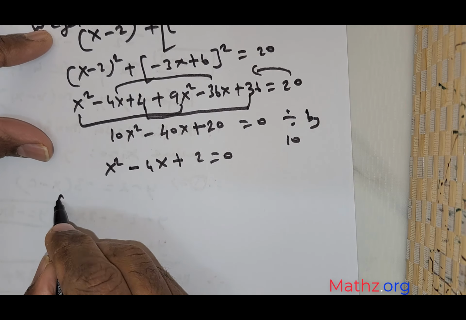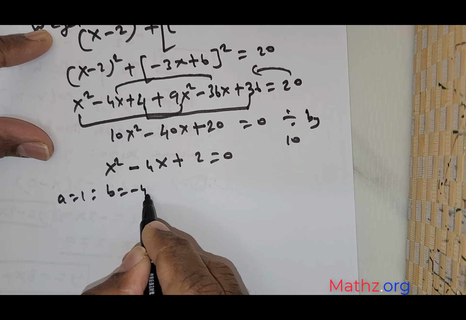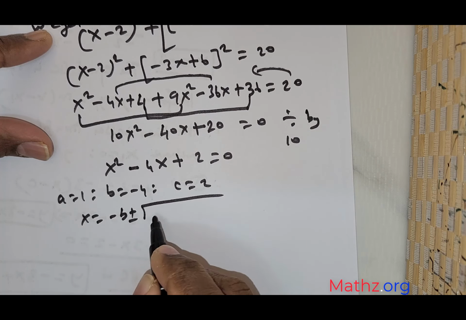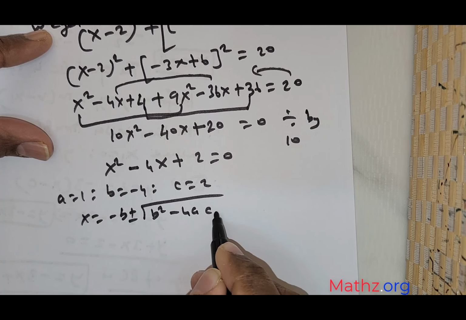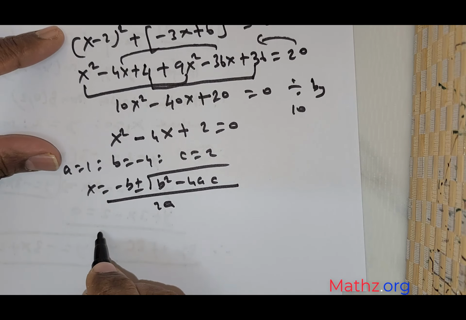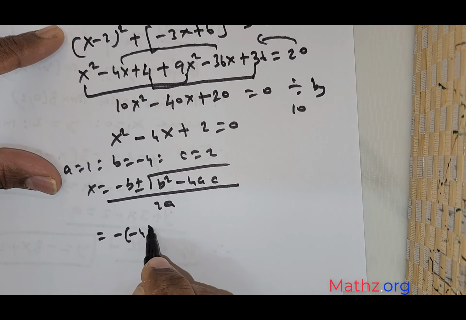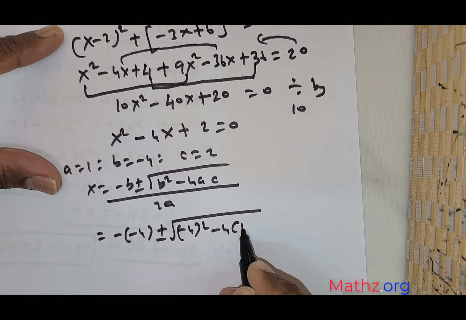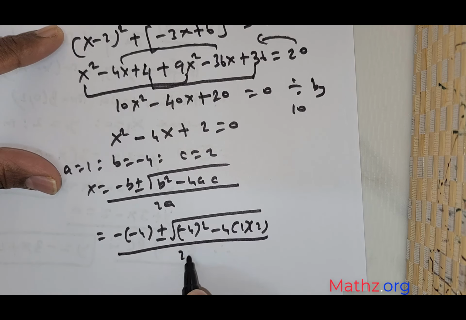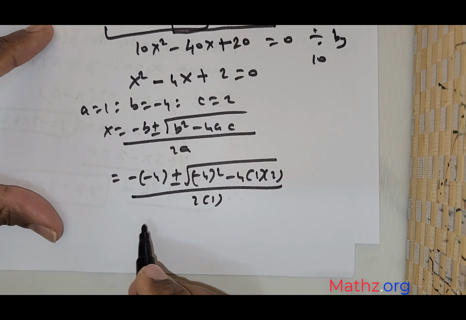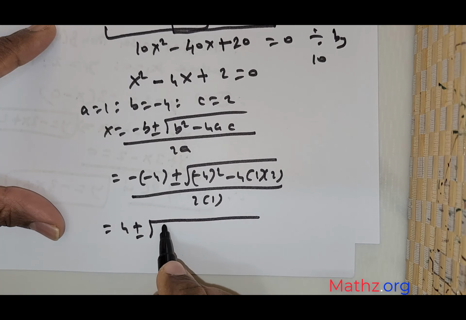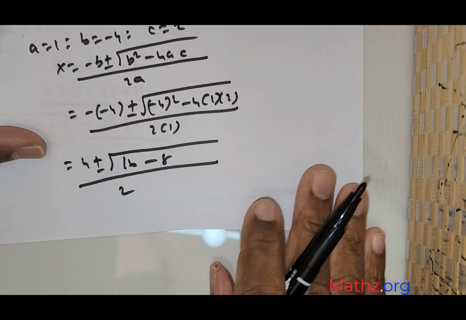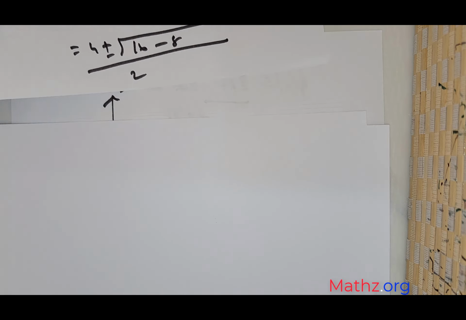I can take a = 1, b = -4, c = 2. Utilize the quadratic formula, x = (-b ± √(b² - 4ac))/2a. That is going to give me (-(-4) ± √((-4)² - 4 × a × c))/(2 × a). This would give me (4 ± √(16 - 8))/2.